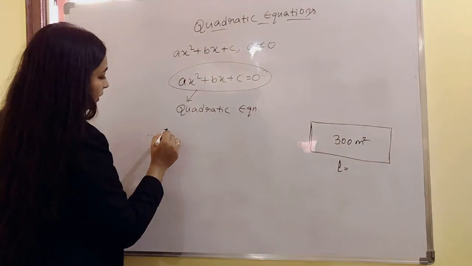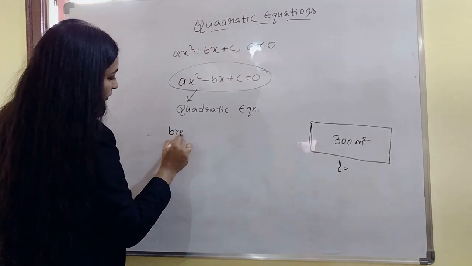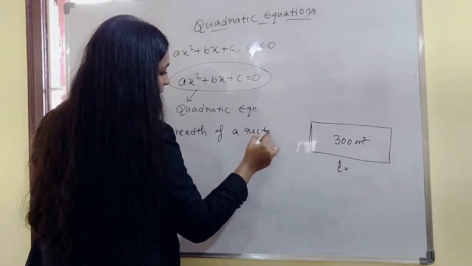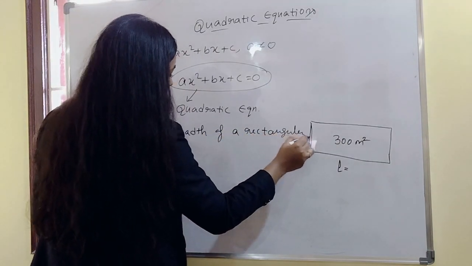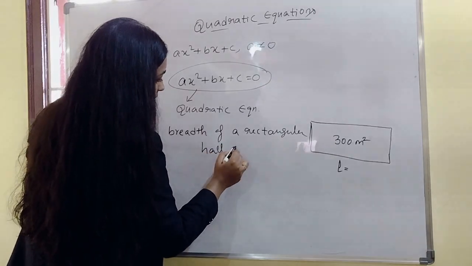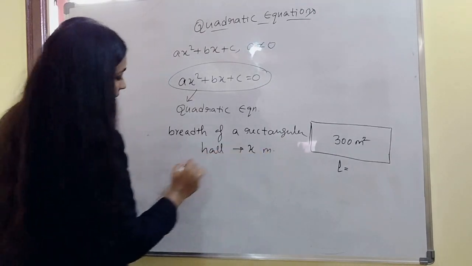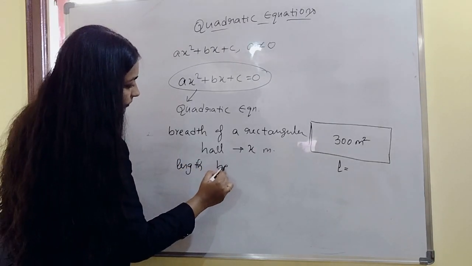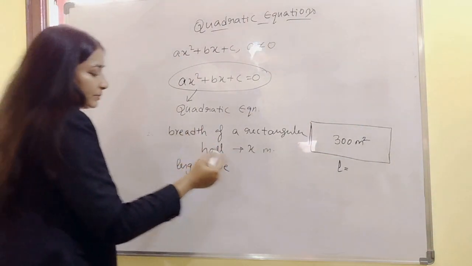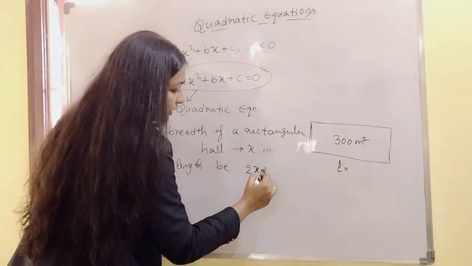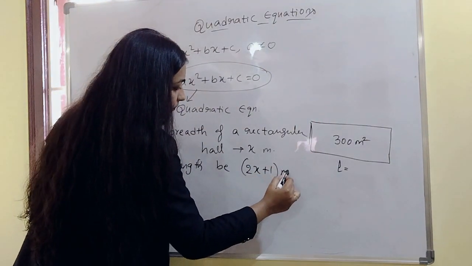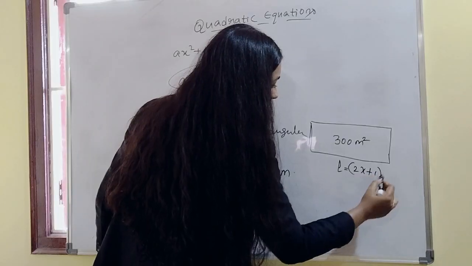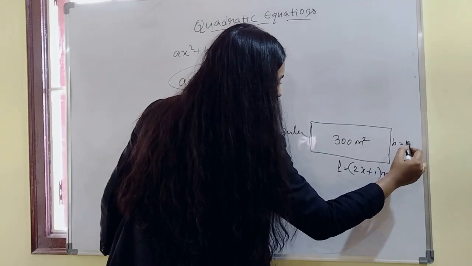I am taking the breadth of the rectangular hall as x meter. Then the length is 1 more than twice its breadth. It means 2x plus 1 meter. So here the length is 2x plus 1 meter and the breadth is x meter.